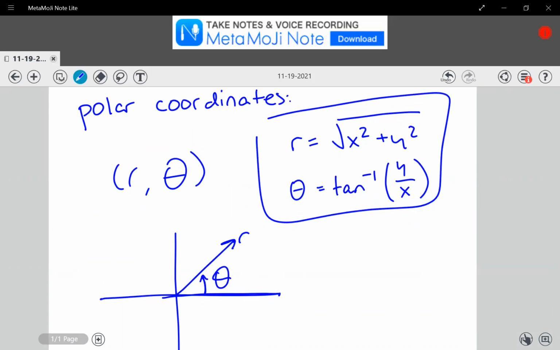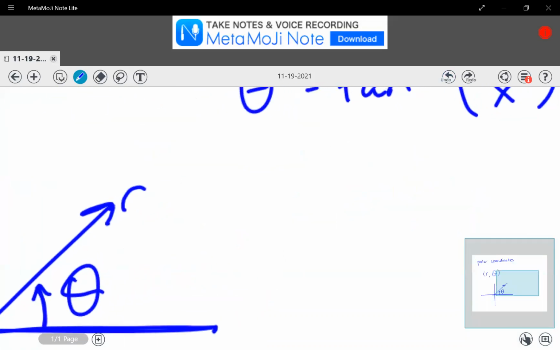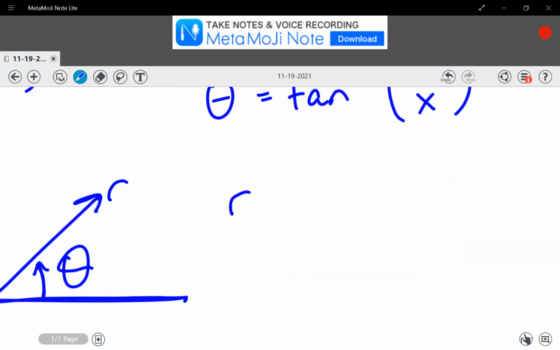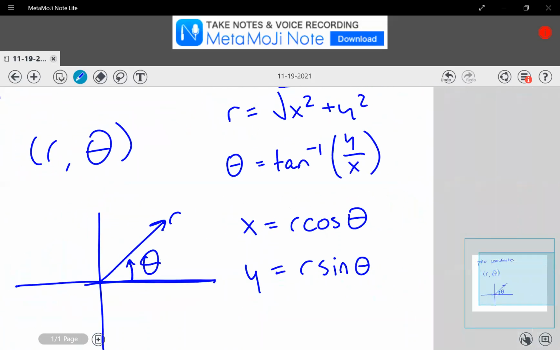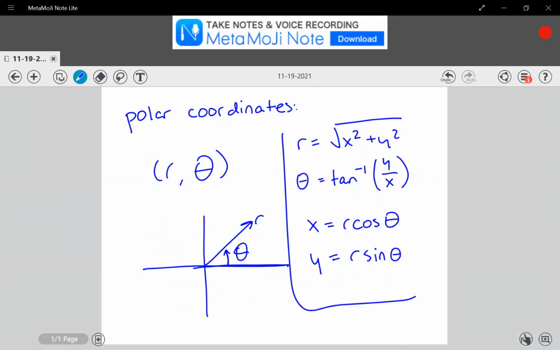How do we convert back to our Cartesian coordinates? Well, we just do x equals r cosine theta, and y equals r sine theta. So here are pretty much the equations you should memorize. All right.